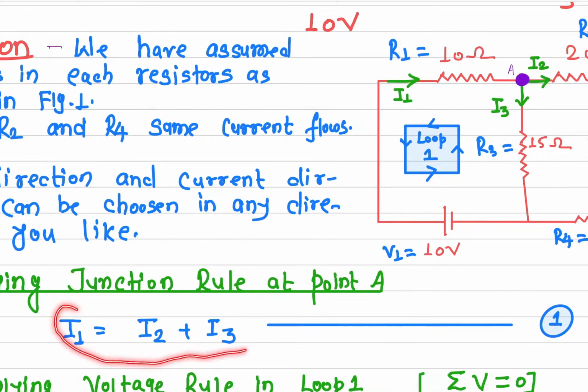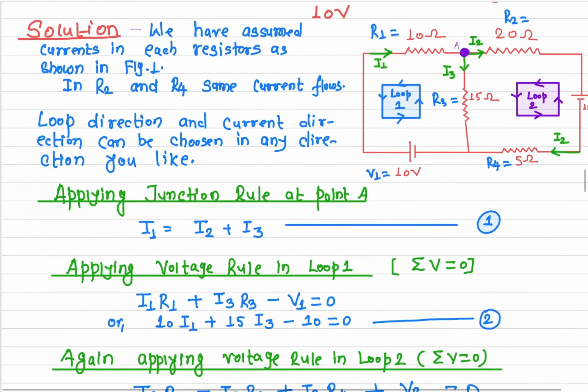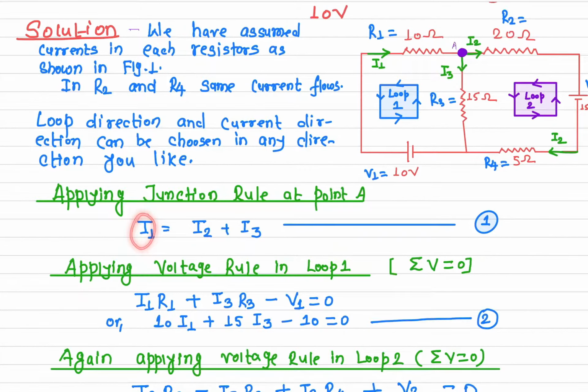So by Kirchhoff's first rule, I1 has to be equal to I2 plus I3, because this is incoming and these are outgoing. So that's my rule 1.